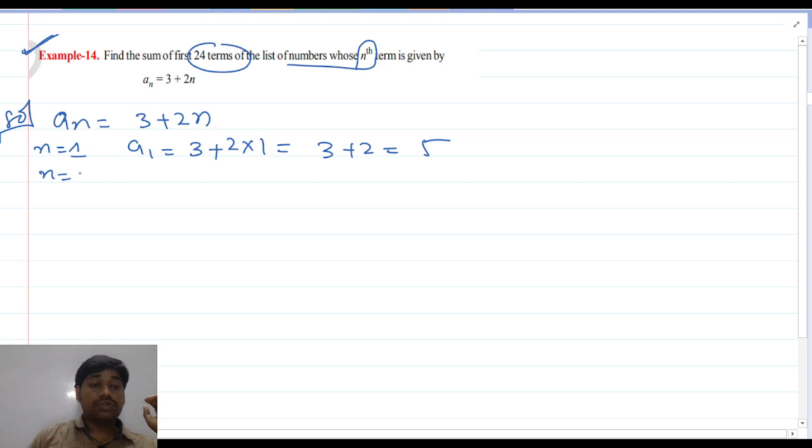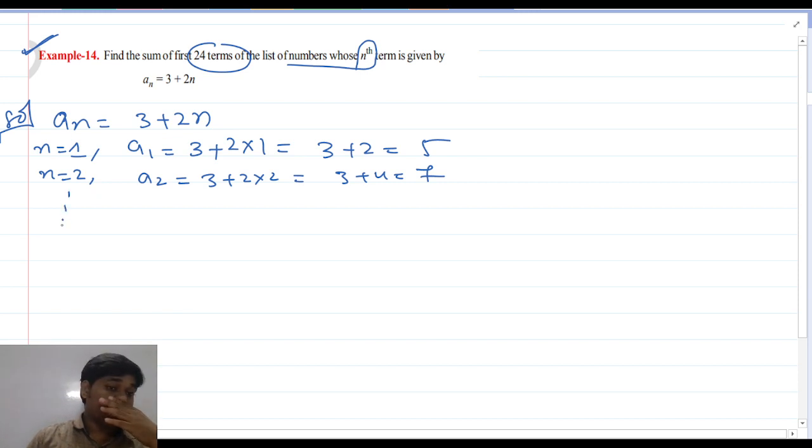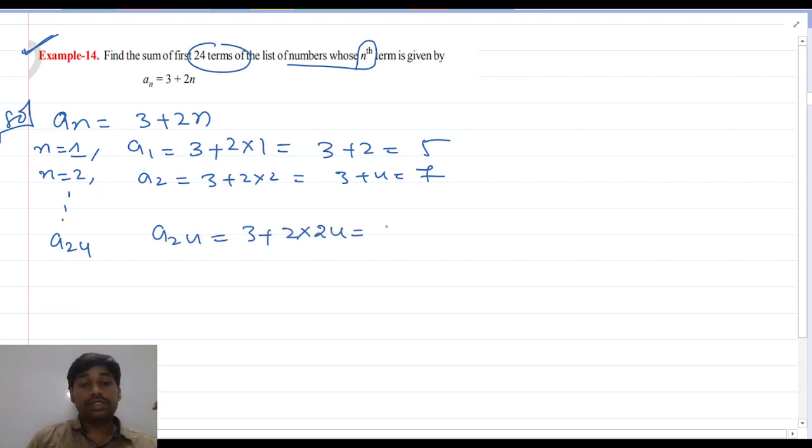If n is equal to 2, then a2 is equal to 3 plus 2 into 2, that is 3 plus 4, simply 7. And so on, we can find the last term directly. That is, a24 is equal to 3 plus 2 into 24, which is 3 plus 48, equal to 51. You know the first term, you know the last term.